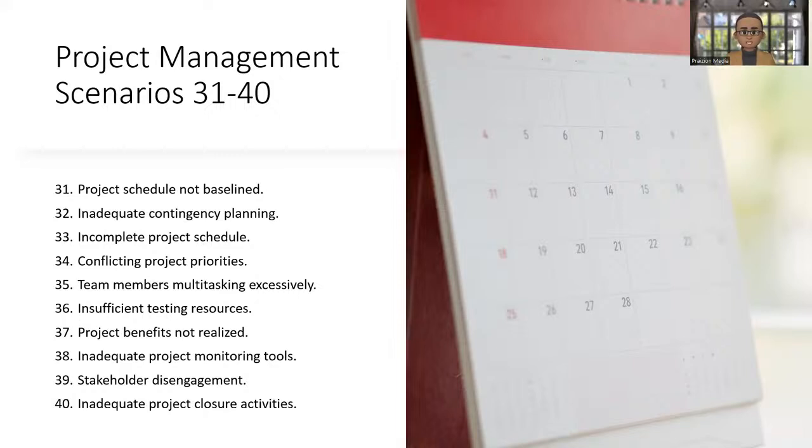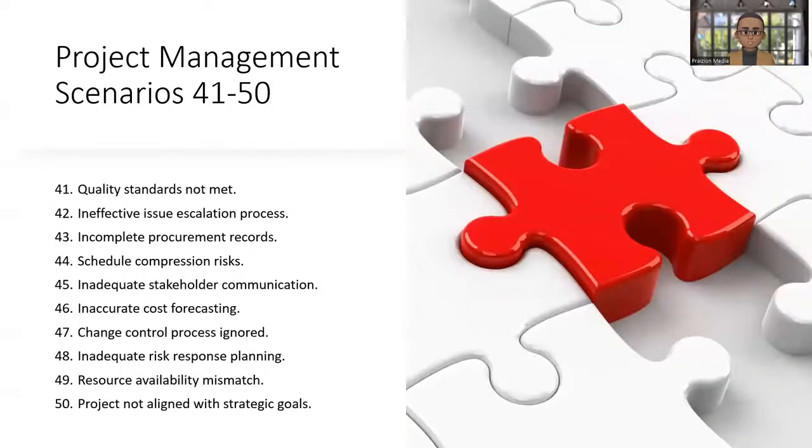Don't waste your time with formulas. It's not going to help you. Understand SPI, CPI, CV, and SV, the philosophy behind it. But then you've got to move on, and you've got to be able to tackle these scenarios. Okay, let's move on.